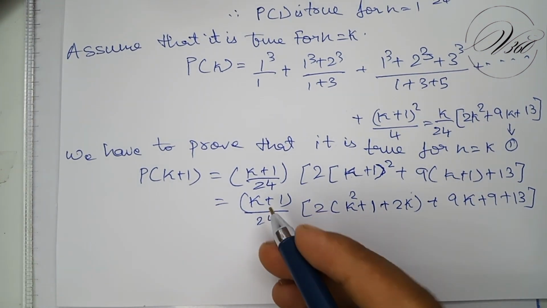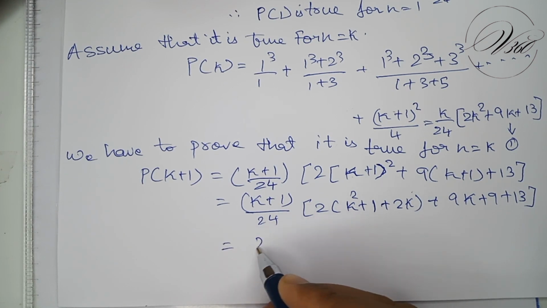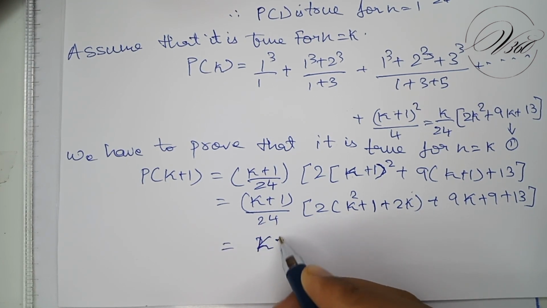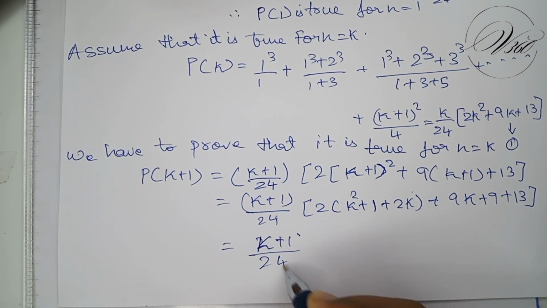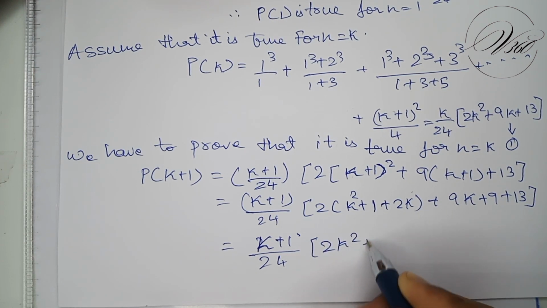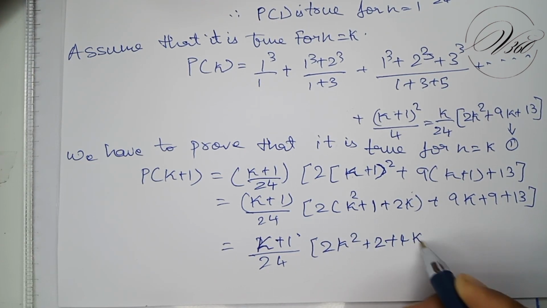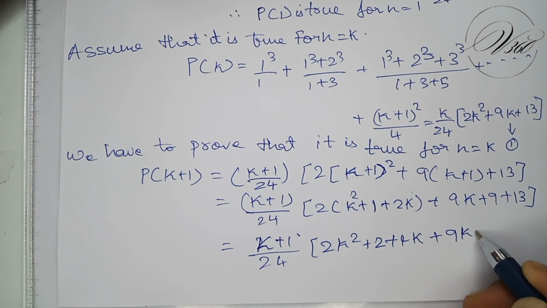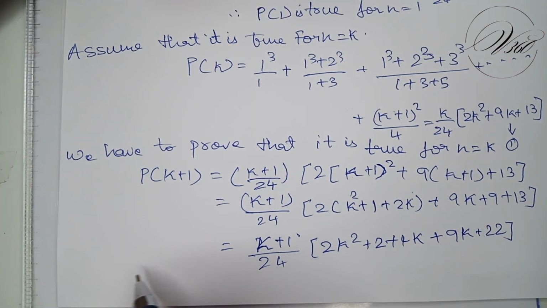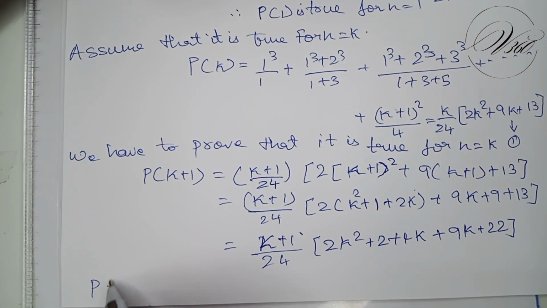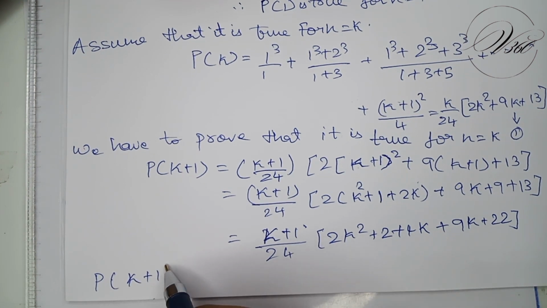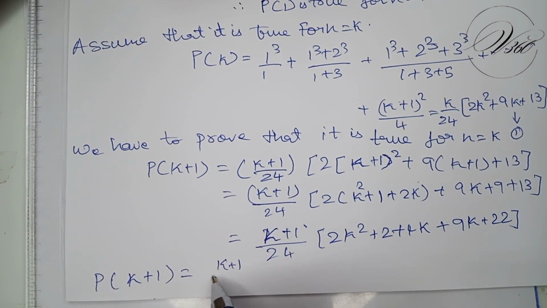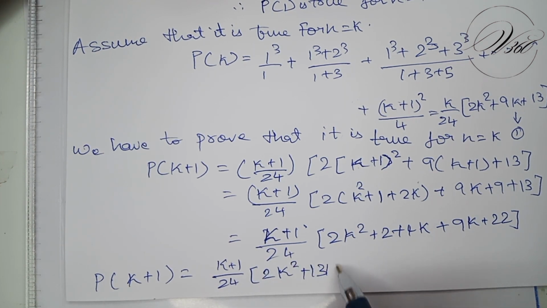Now here we will get k plus 1 by 24 of 2k square plus 2 plus 4k plus 9k plus 22, that is p of k plus 1, which is equal to k plus 1 by 24 of 2k square plus 13k plus 24.